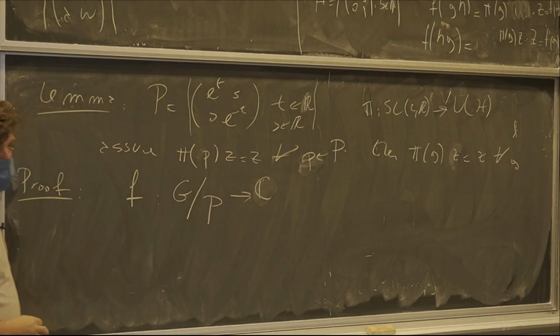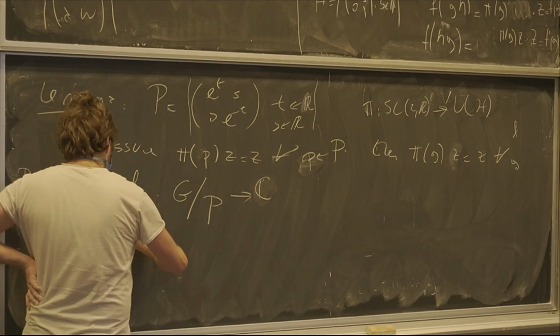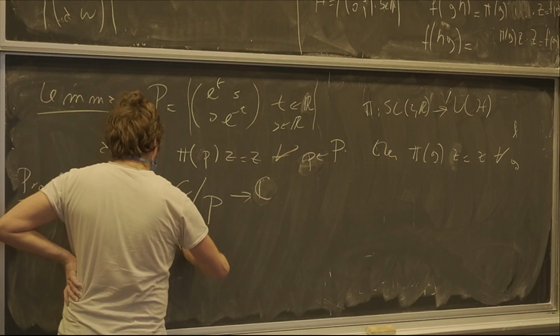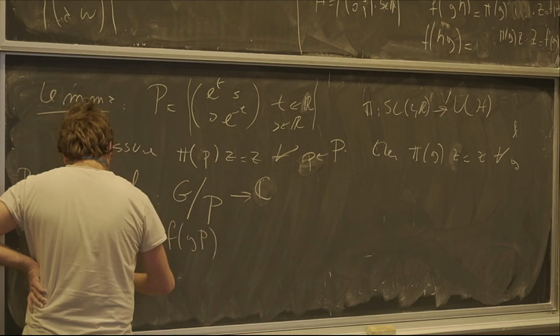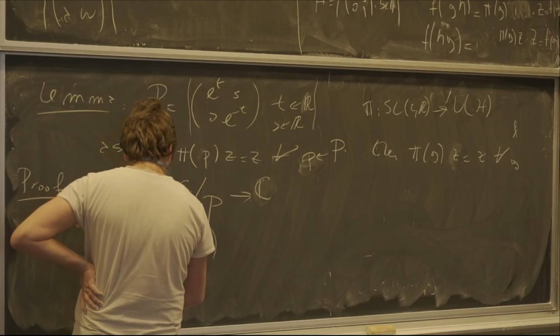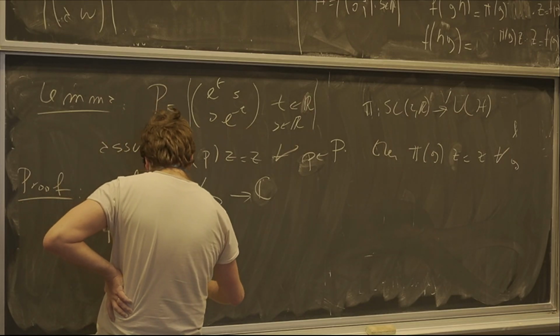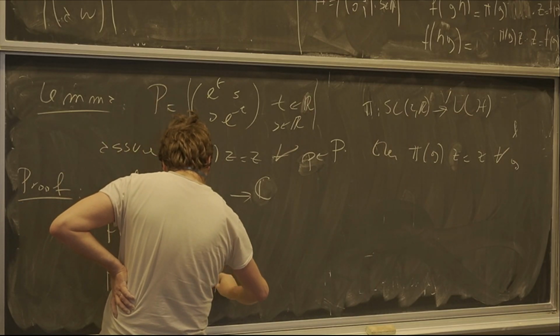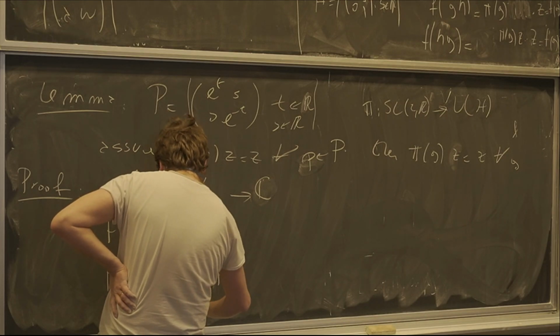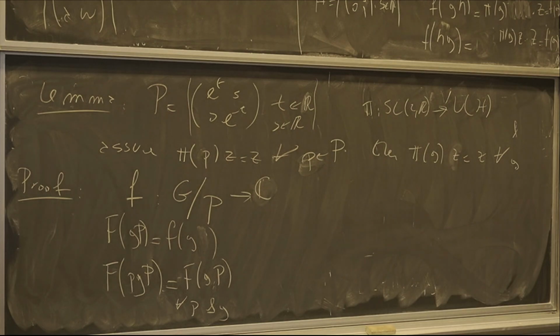But now f goes from G mod P, because I can quotient by P. And we know that f of P times GP is equal to f of G for every P and G. We have the invariance in the other direction.